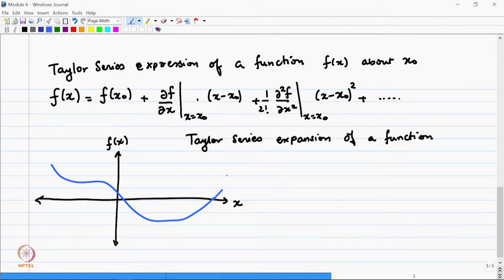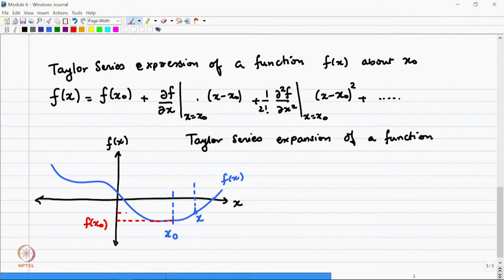So, this is my f of x. When you are doing a Taylor series, you are writing an expression for this function. For simplicity, let me take this as x 0, and you have a point x. What you are writing is the value of the function at this point as f of x 0. The first term is f of x 0.